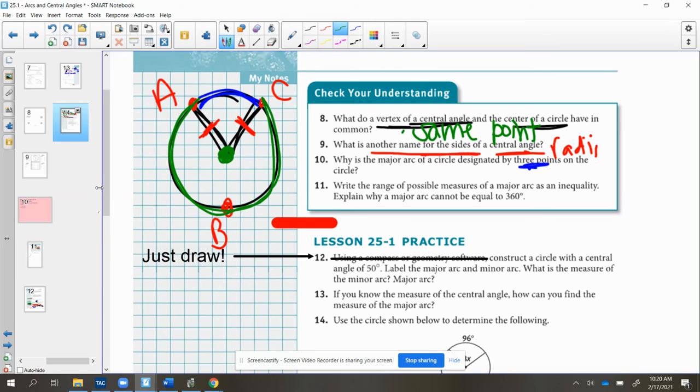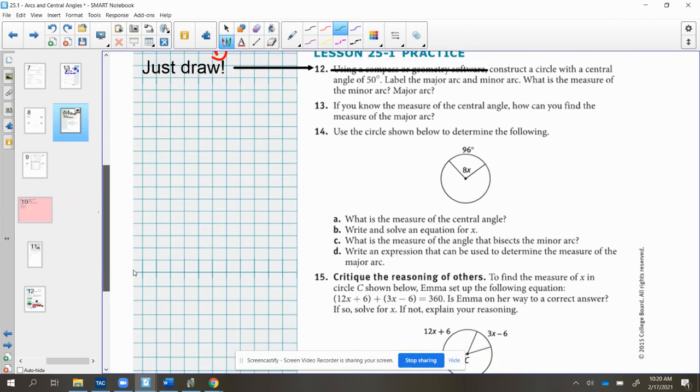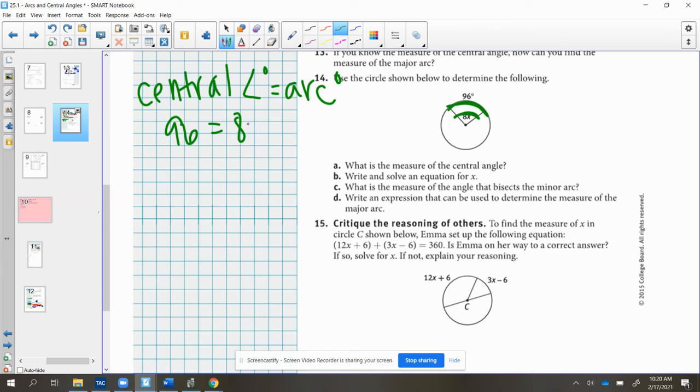Now we're also going to want to use this information to solve some things, and that's where we look at number 14 here. They're giving us the measure of the arc, and they're also telling us that our central angle equals 8x. A reminder, something very important from this lesson is that the central angle's degrees equal the degrees of the arc it opens onto. So the 96 and the 8x are going to equal each other.